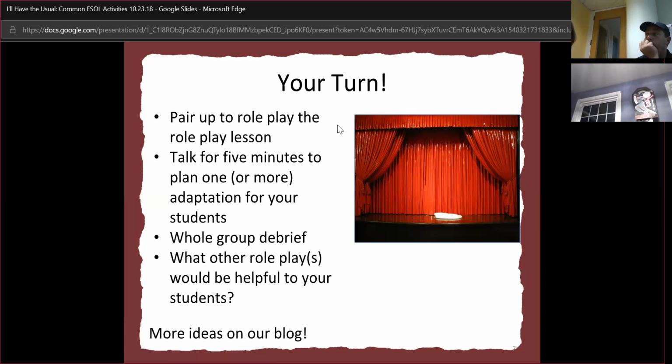What other pair would like to share? We practiced role playing at the library, trying to book, what kinds of books to pick. And in this case, it's for a baby. And how we pick it up.